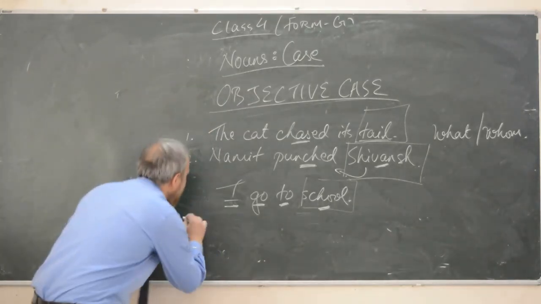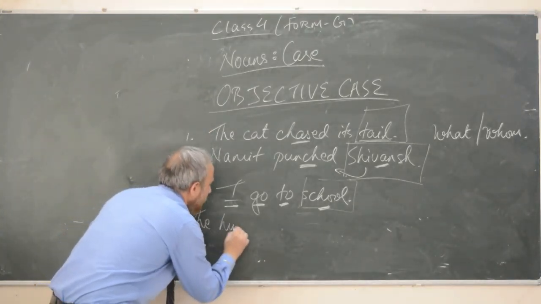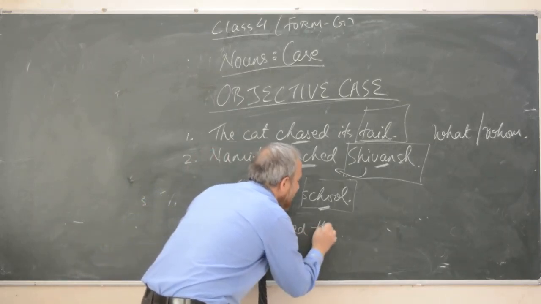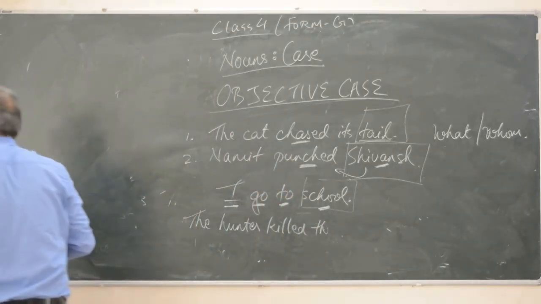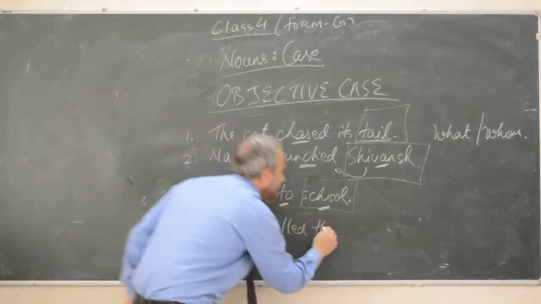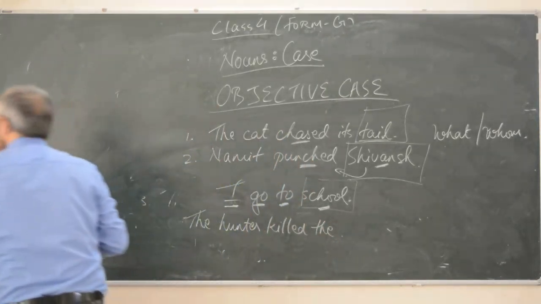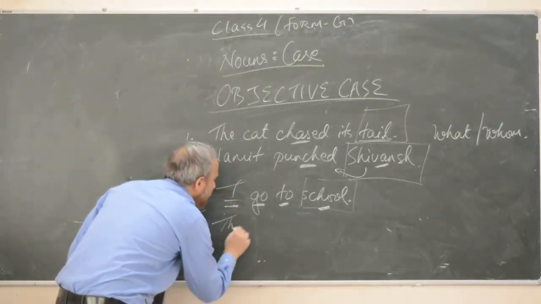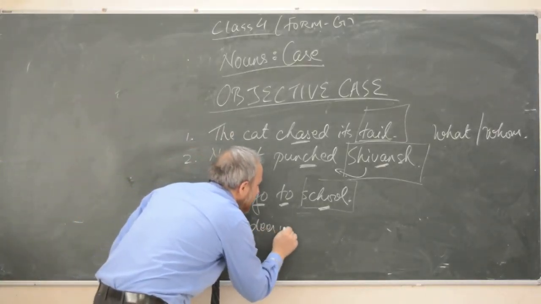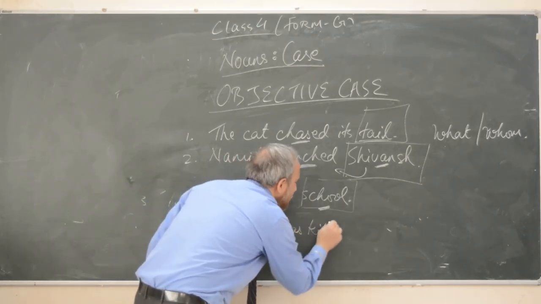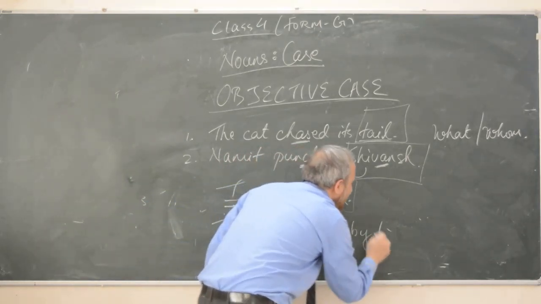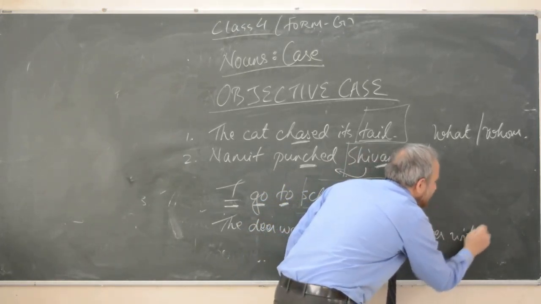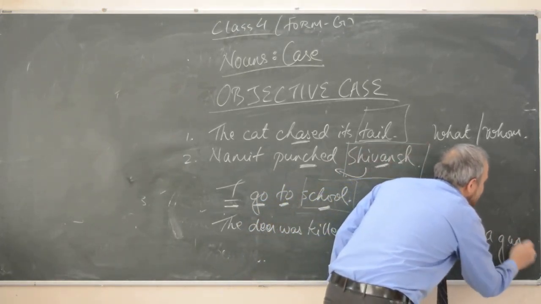Okay, so let's say the deer was killed by the hunter with a gun.